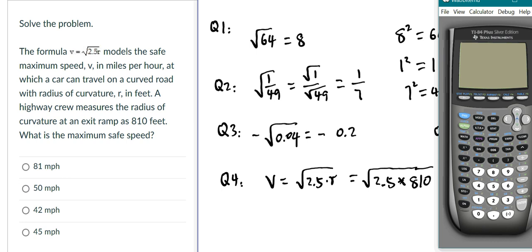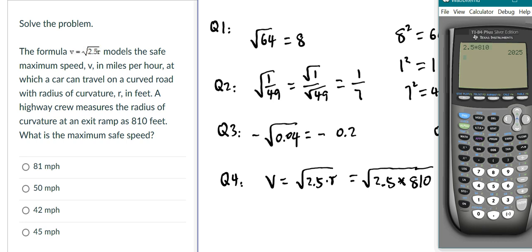We have a calculator here. We want to do 2.5. Turn on the calculator. Okay, great. Now we have 2.5 times 810. And then we hit enter. We have 2025.